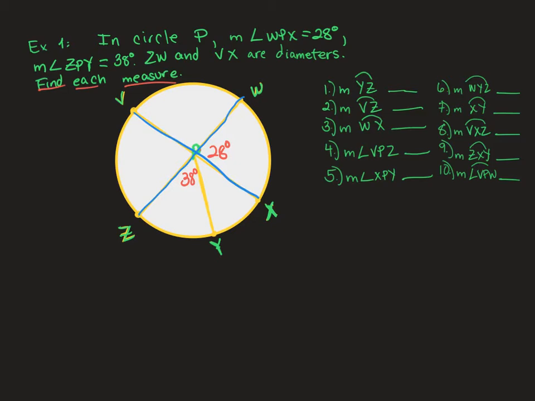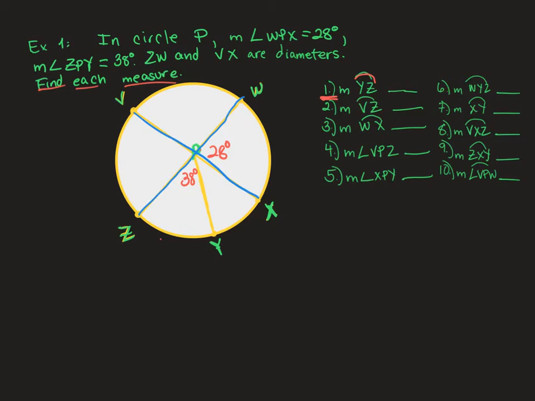So the first problem, number one, is asking for the measure of arc YZ. So that means it's the outside over here.